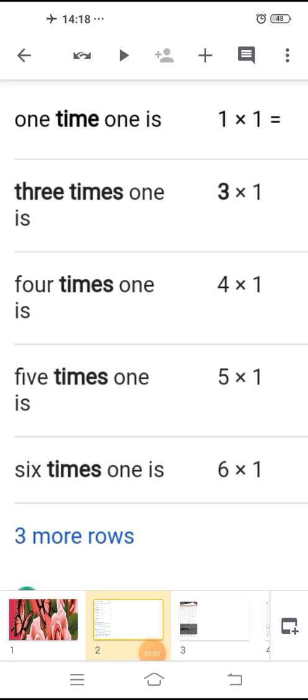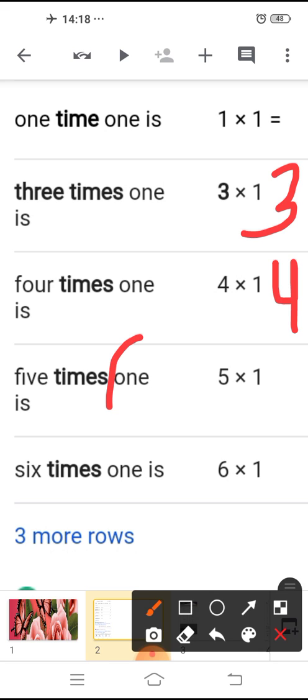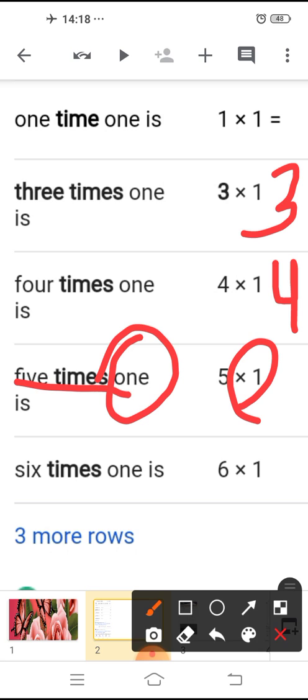So 3 times 1, that is 3 into 1, will give you 3. Same with 4 times 1, which is 4 into 1, that will give you 4. Now 5 times 1 means what is written in the second place, we multiply with what is written in front.